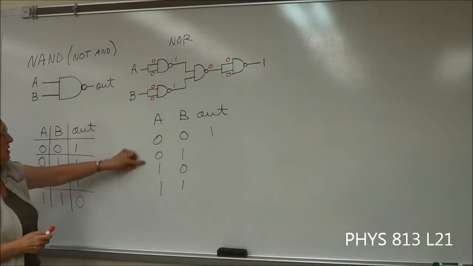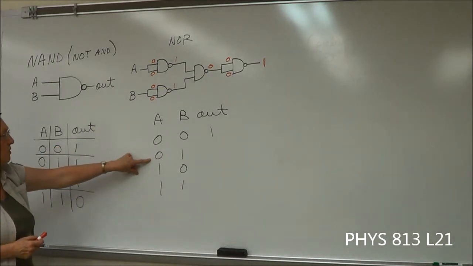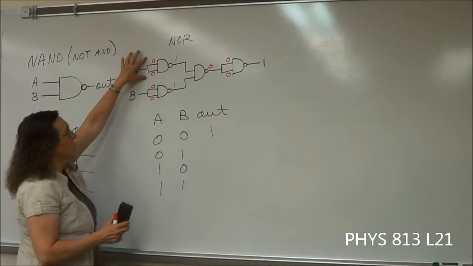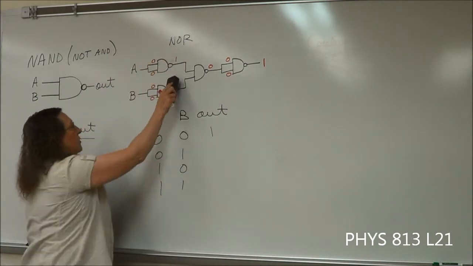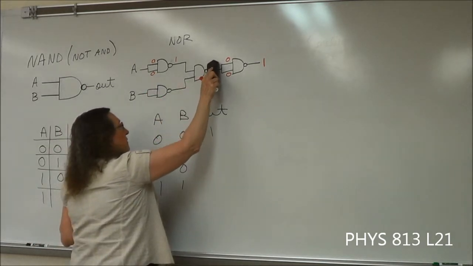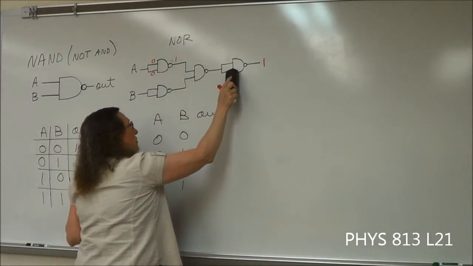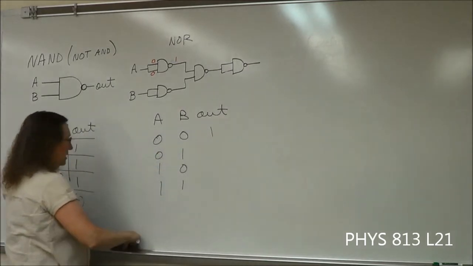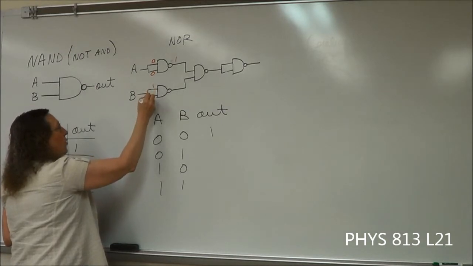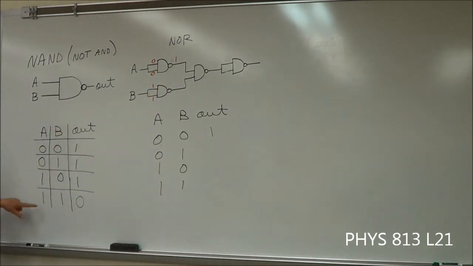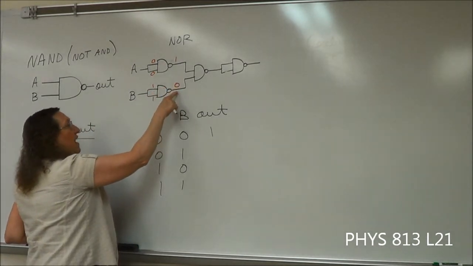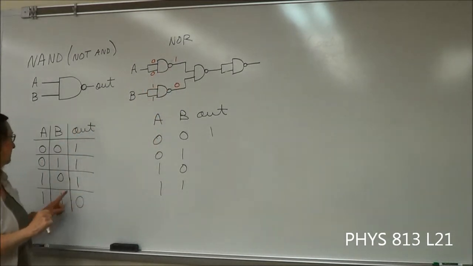For the next one, our A is going to be 0. So I'm going to leave the 0, 0 and the 1 there. I'm going to erase the others and work through that. So for B, we have a 1 and a 1. 1 and 1 gives us 0. So now we have 0 and 1.